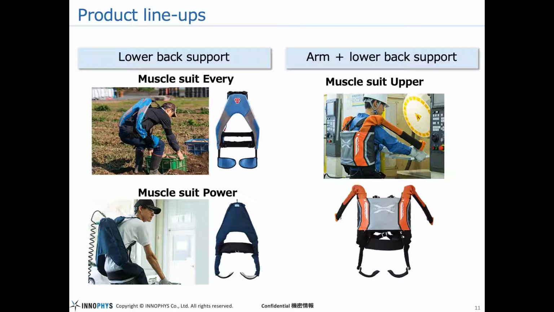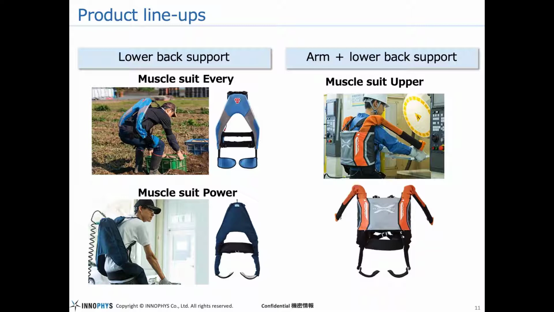The main difference is that Muscle Suit Every is a standalone product, whereas Muscle Suit Power requires an air attachment. So basically, it's like an active, air-actuated powered suit. So this is Muscle Suit Power.